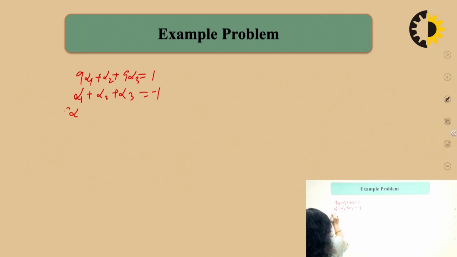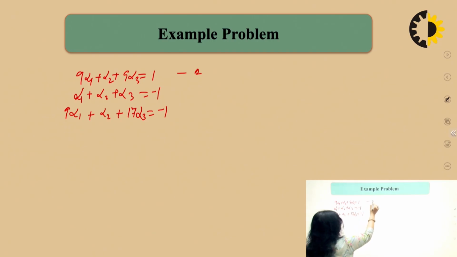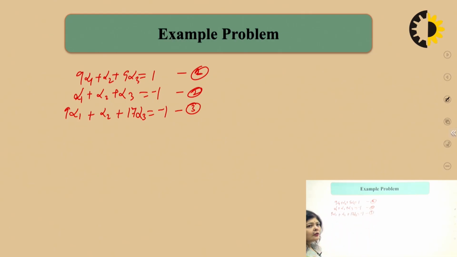Then 9 alpha 1 plus alpha 2 plus 17 alpha 3 is equal to -1. So the simplified equations will be like this, right? Now you finally have to solve these equations. So we are solving these simultaneous equations, and then finally we will be getting the values of alpha 1, alpha 2 and alpha 3.